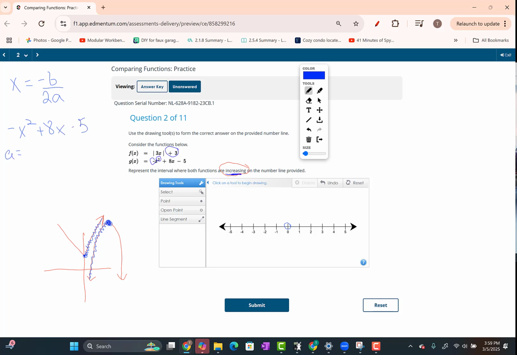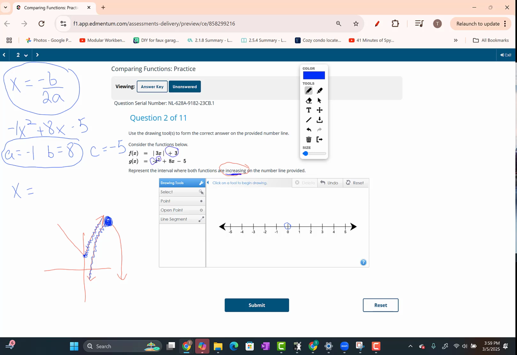The a value is the coefficient in front of the x squared term, which is negative 1. The b value is the coefficient in front of the x term, which is 8. C value, which we don't really need, but it's the constant, it's negative 5. These are the two values we need to substitute in this formula because this gives us the x coordinate of the vertex, which is where the increasing stops for these problems.